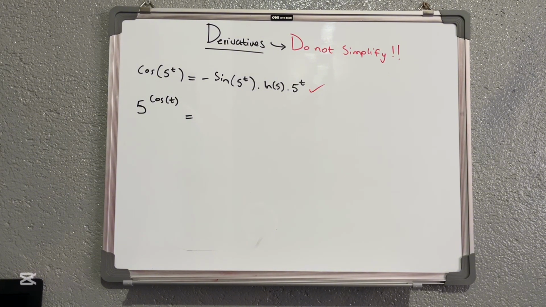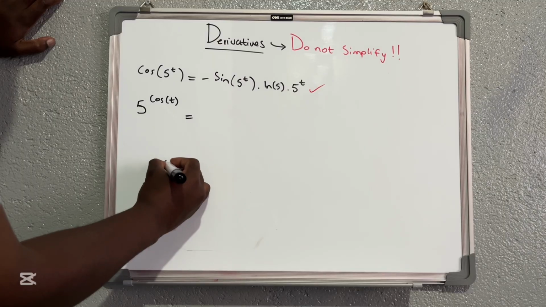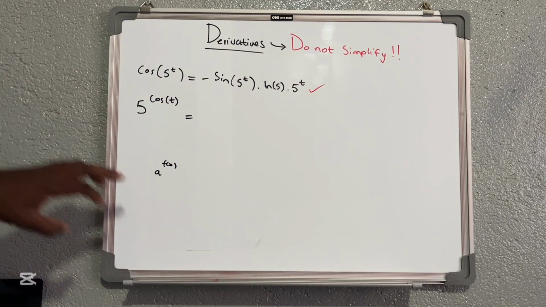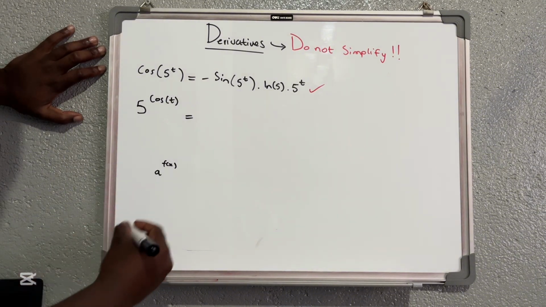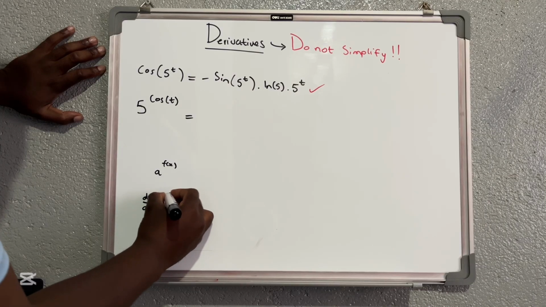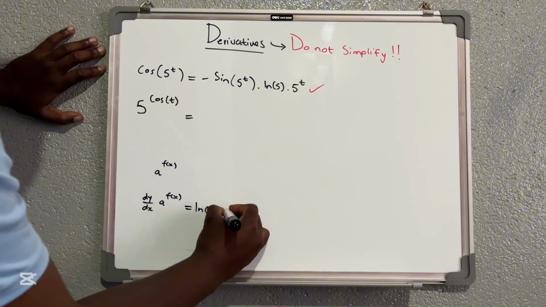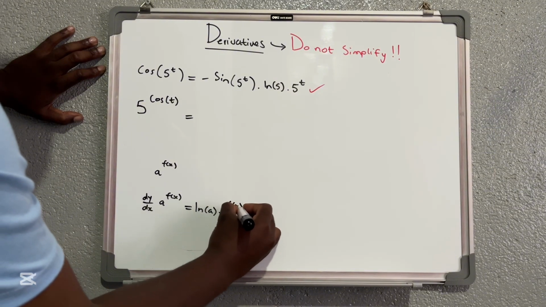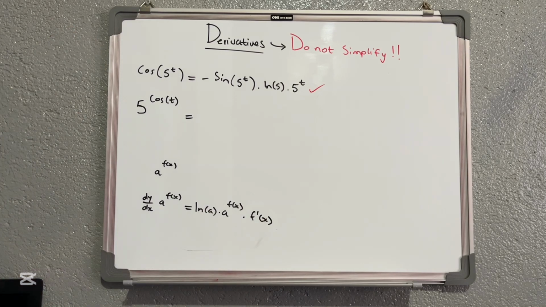Then you know, or definitely know, that I have my a to the exponent f of x, because I have a function. And you know that, okay, this is part of your exponential functions. Then for this type of one, you have your dy over dx, you have a to the exponent f of x, which is ln of a multiplied by a to the exponent f of x, multiplied by the derivative of what's on the internal side.